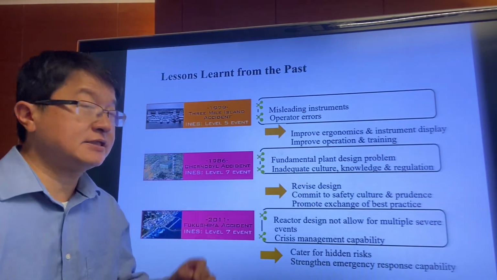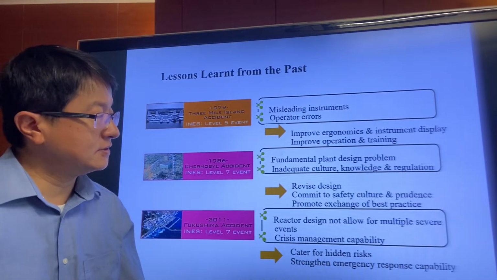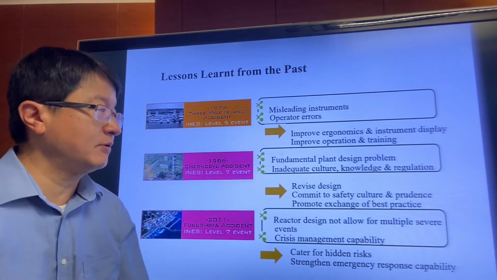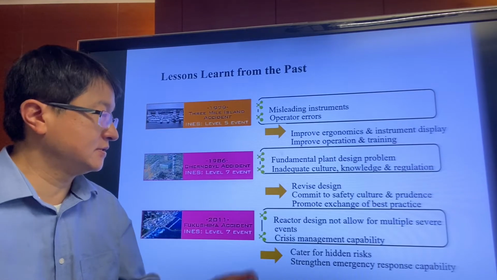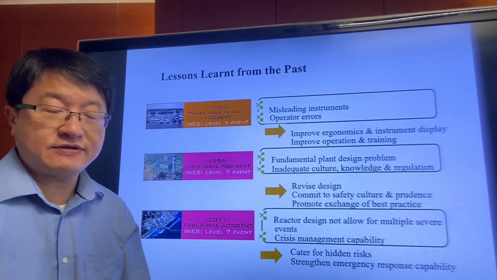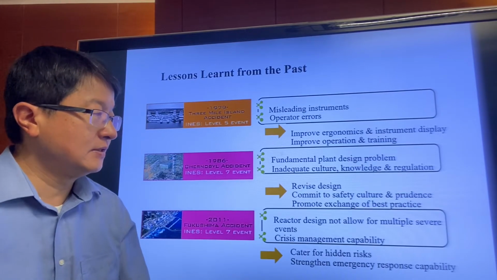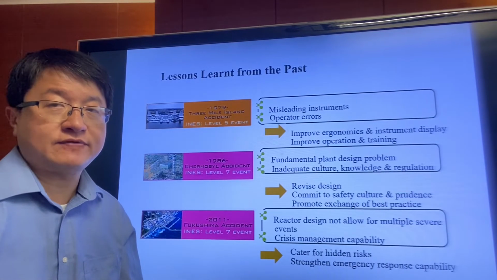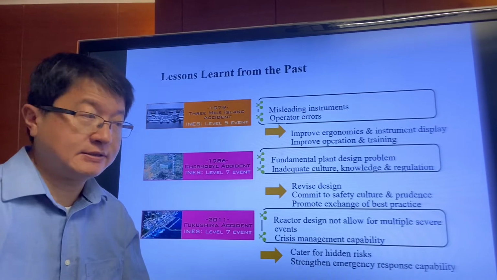In the Chernobyl accident, there was a fundamental power plant design problem, and afterwards they revised the design, committed to a safety culture, and also exchanged best practices with other nuclear reactor operators.